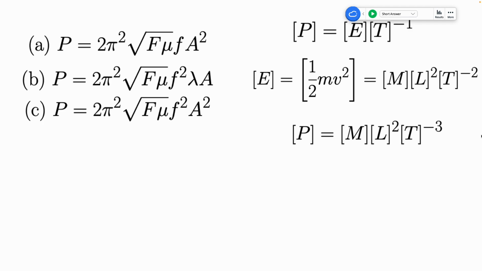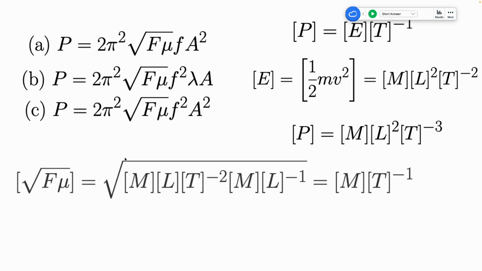And if you look at this weird thing, the square root of tension times the linear mass density, you just learn that force is F equals ma, so mass times acceleration in meters per second squared. Linear mass density is mass per length.